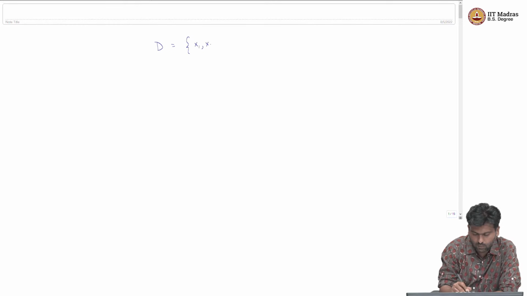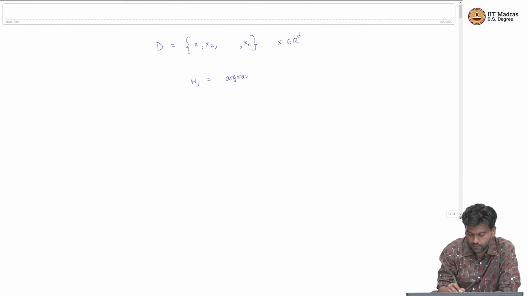Let's call this x1, x2, up to xn as usual, where the data points are in d dimension, and we have a vector w1 that we are able to find for this data set, which is argmax over w, such that norm w squared equals 1, of w transpose C w.